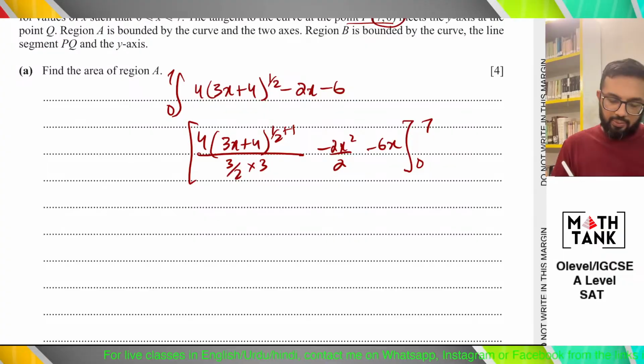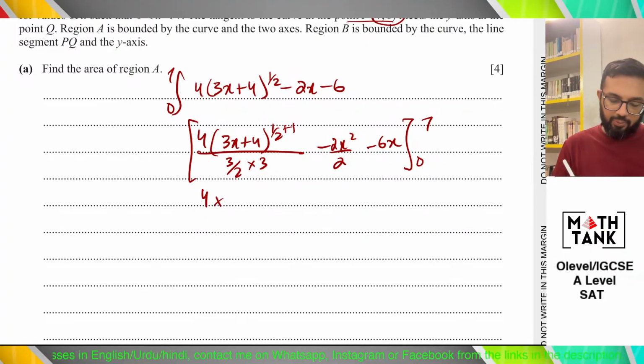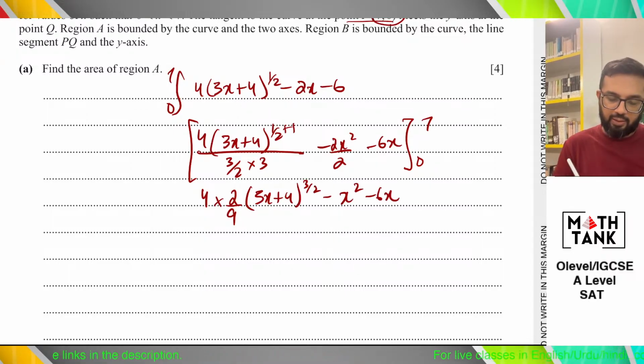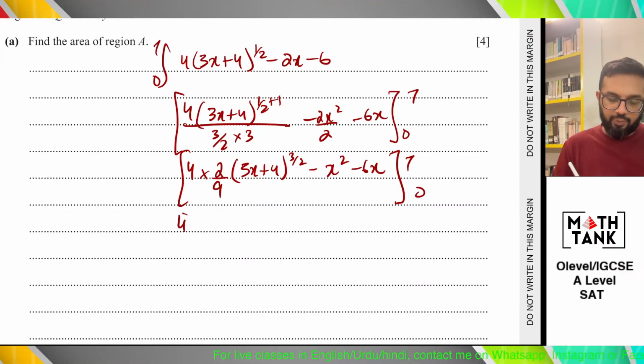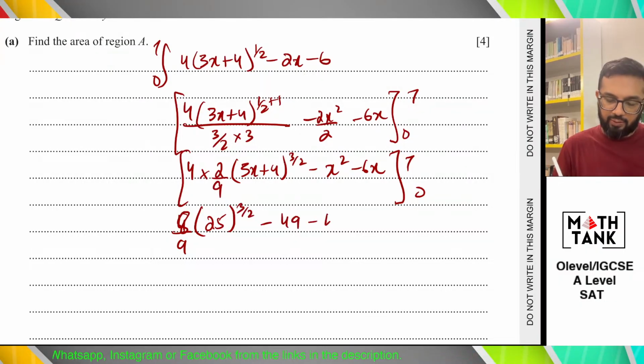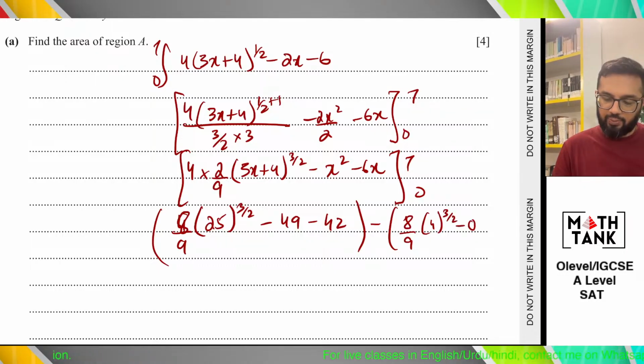Okay, so that's 9/2. 4 divided by 9/2 means 4 into 2 over 9. 3x plus 4 power 3/2 minus x square minus 6. Then you plug in the limits 7 and 0. So that gives you 8/9 into 20 into 7 is 21. 25 power 3/2 minus 49 minus 42 minus 8/9 4 power 3/2 minus 0 minus.